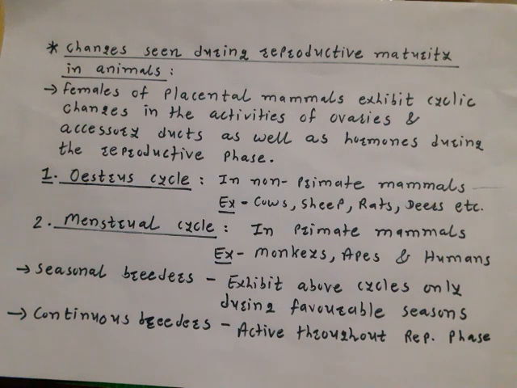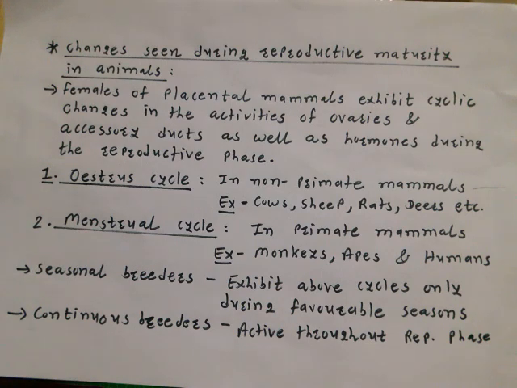If we talk about non-primate mammals, such as cows, sheep, rats, deer and some other animals, this cycle is known as the oestrus cycle. During this cycle, these changes are observed for sexual reproduction. The second type is the menstrual cycle.